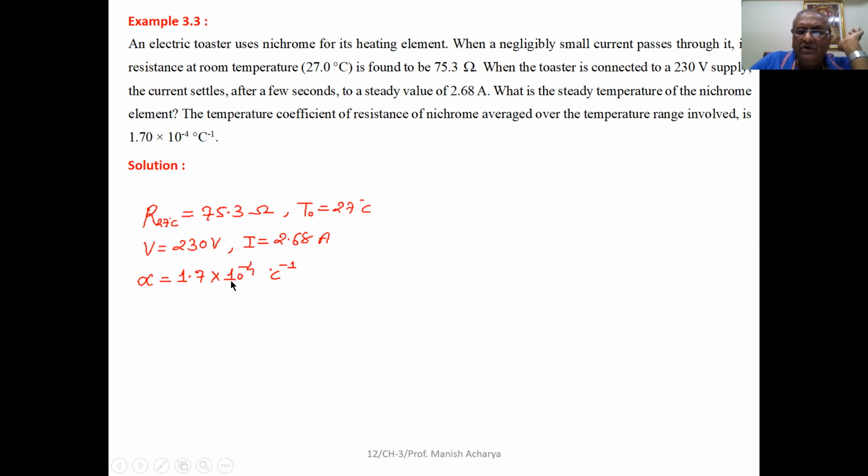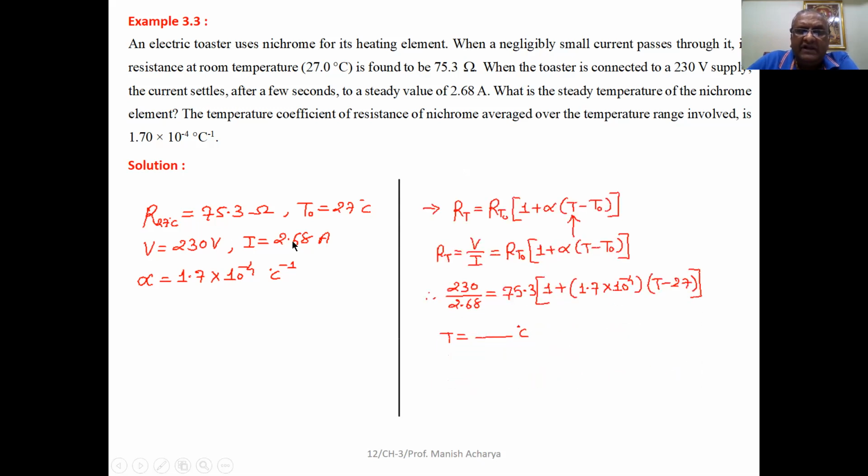Now alpha is given to you, 1.7 × 10^-4 per degree Celsius. Here, the resistance at that particular temperature is not given to you. But voltage and current are given to you. So we can use the equation: resistance at temperature T equals resistance at temperature T0 into 1 plus alpha (T minus T0).